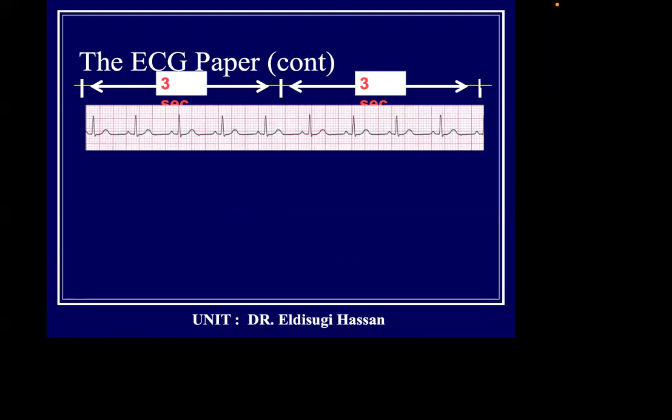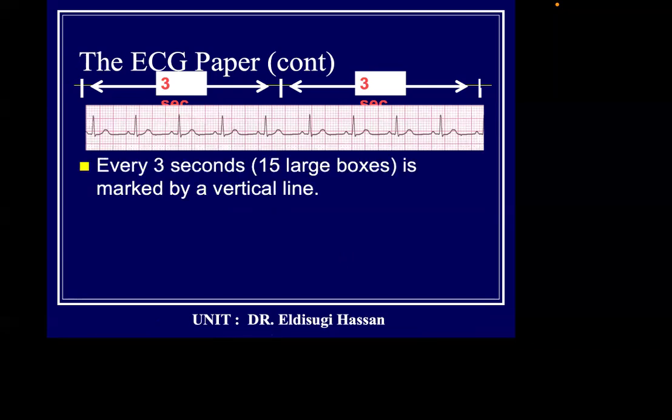If you follow, everything will be very easy for you. So in the rhythm strip, usually it is around 6 seconds. 6 seconds equals 30 large boxes, because we say one large box equals 0.2 second. If you multiply 0.2 times 30, it will be around 6 seconds.